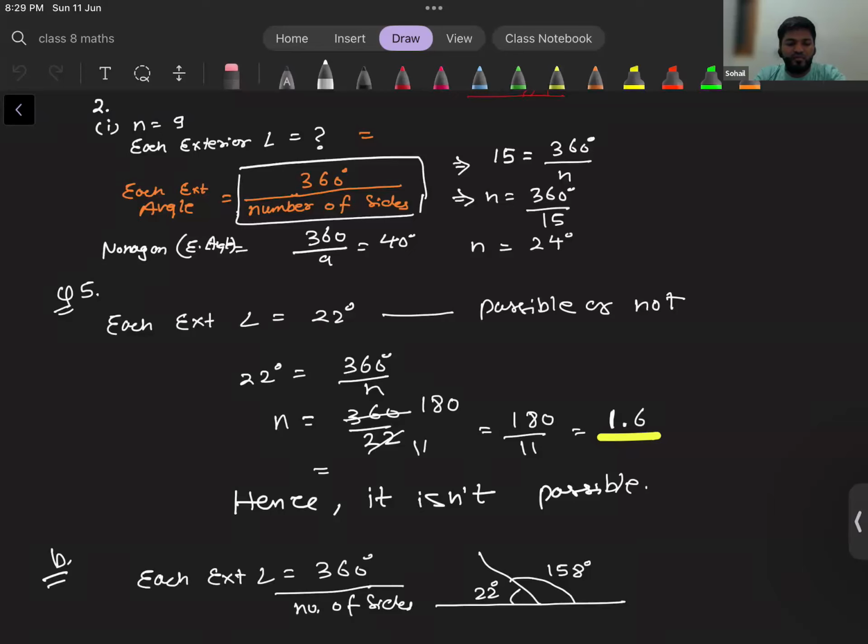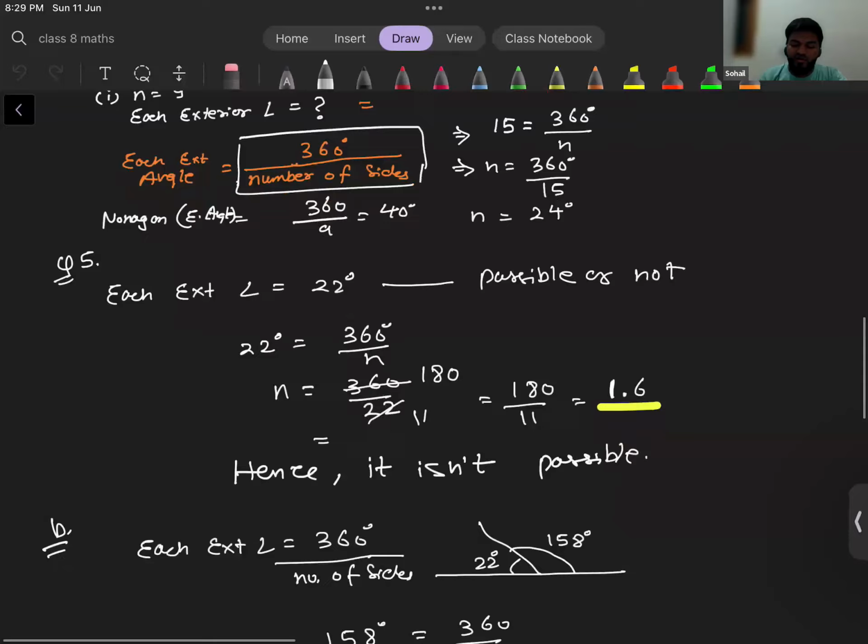How many exercises are left in total in the chapter?